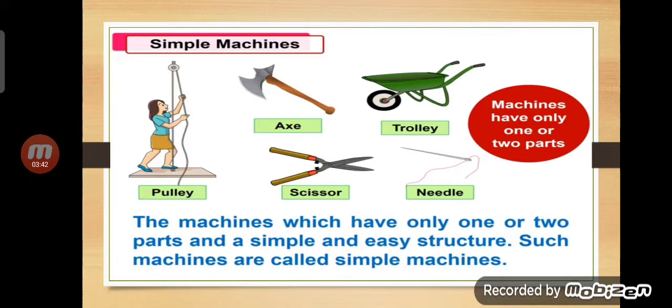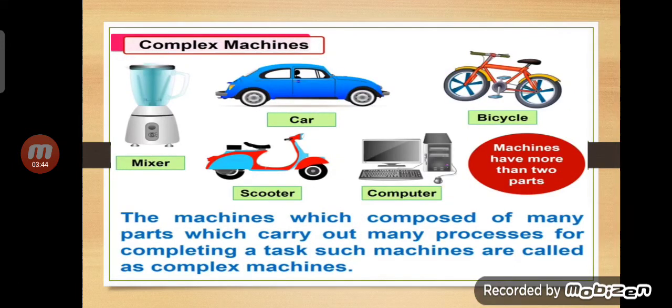Children, now the second type of machine is complex machines. Let's study what is complex machines. Children, observe the machines shown in the picture. For what purpose are they used?